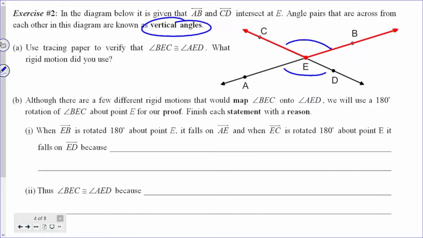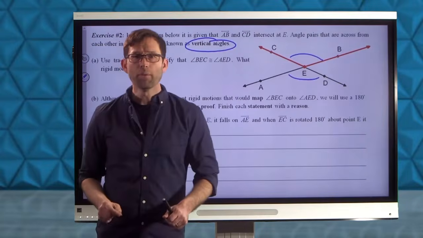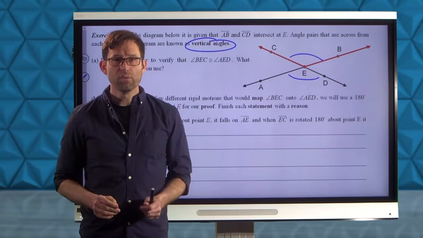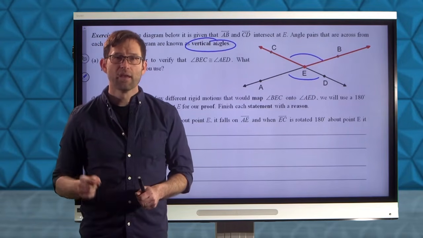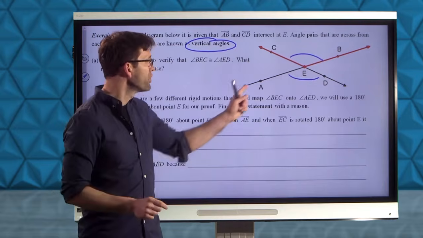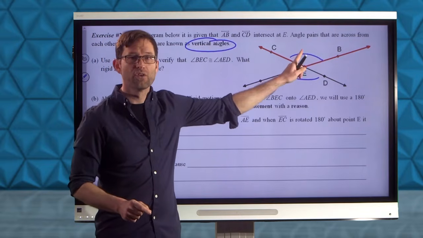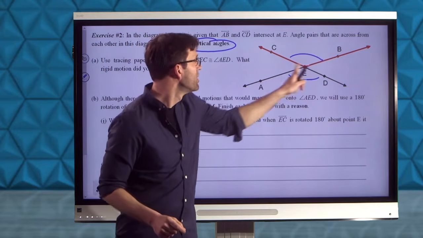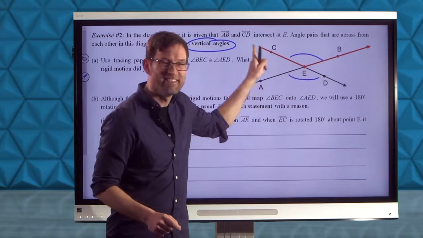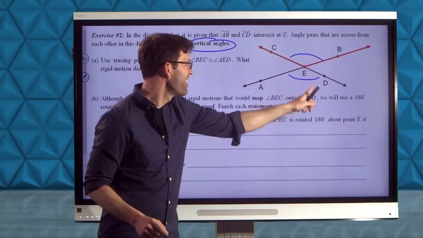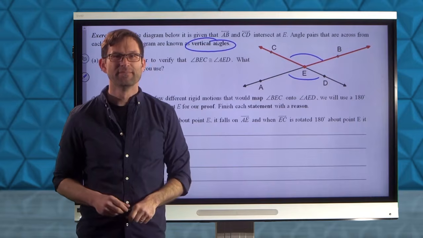What rigid motion did you use? All right, so take a moment, pause the video for as long as you need to, then come on back to me and talk to me about what rigid body motion you used to map angle BEC onto angle AED. Take a bit.